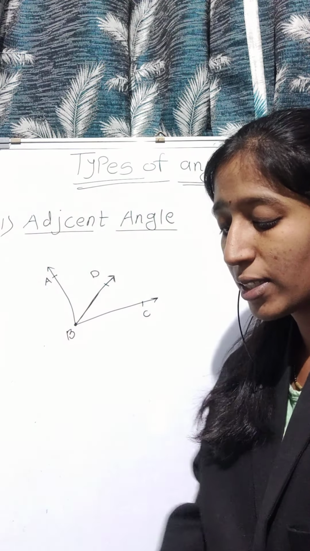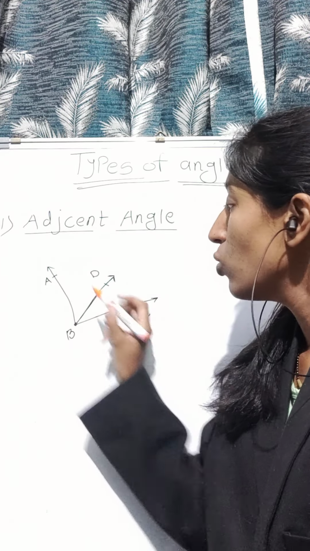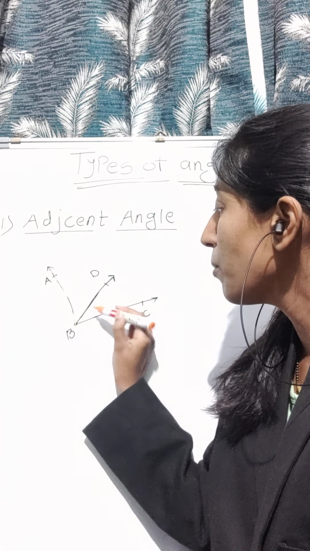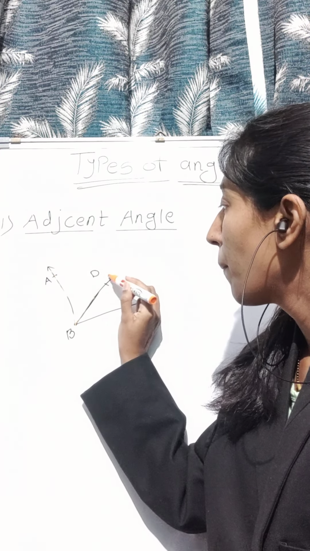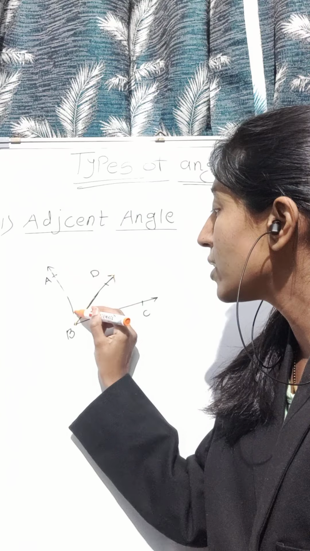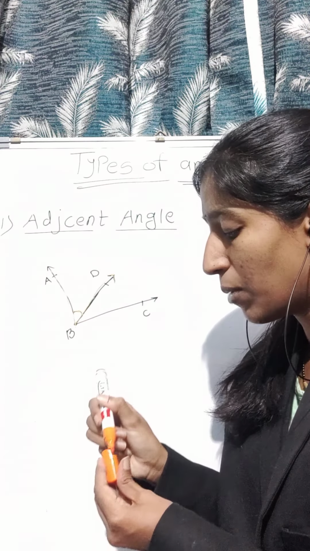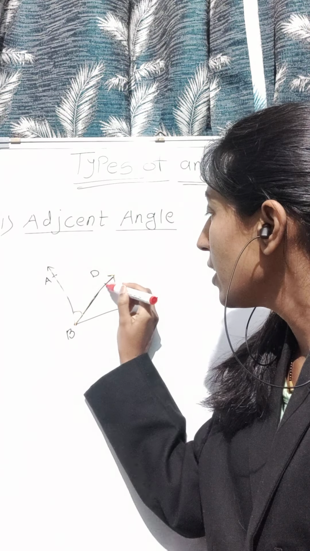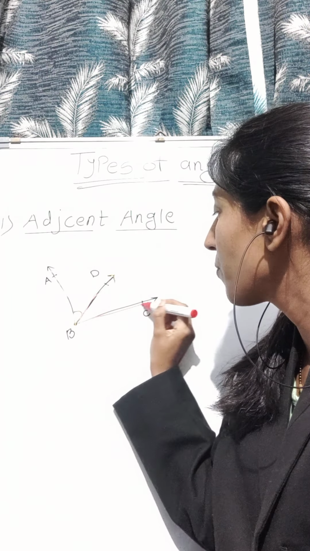Here which are the two adjacent angles? See here, I will show it to you with a different color. The first pair of adjacent angles is angle ABD and angle DBC.